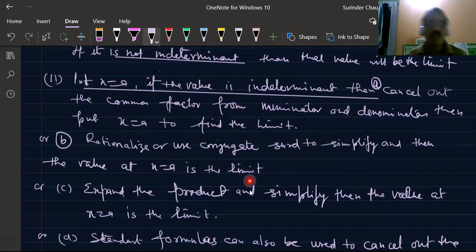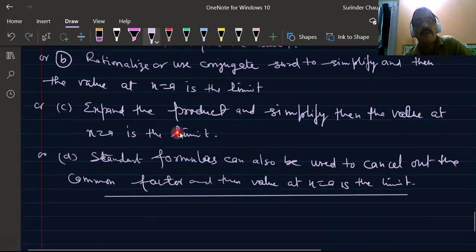In the whole process, we want to remove the factor which contains x minus a from the denominator, or cancel x minus a from the denominator by rationalization or by using the conjugate. If the problem cannot be solved by rationalization or by using the conjugate, then expand the product and simplify.